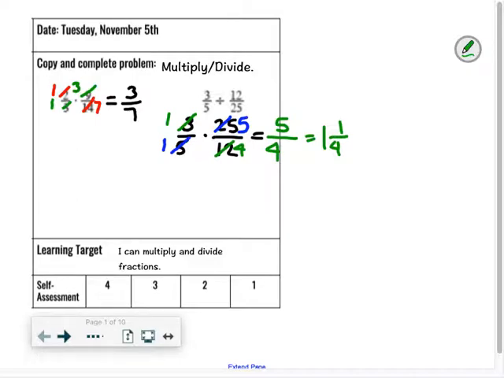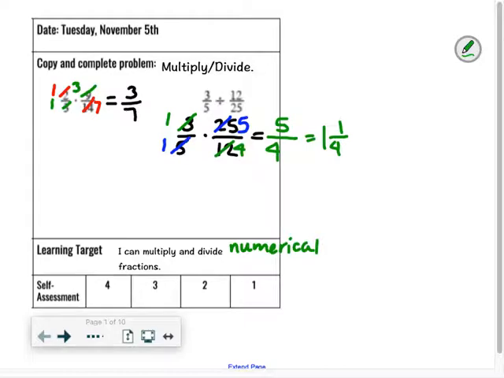I want you guys now to assess: I can multiply and divide numerical fractions. Yesterday we were talking about algebraic fractions and just simplifying them. Today we started with how you multiply and divide numerical fractions.